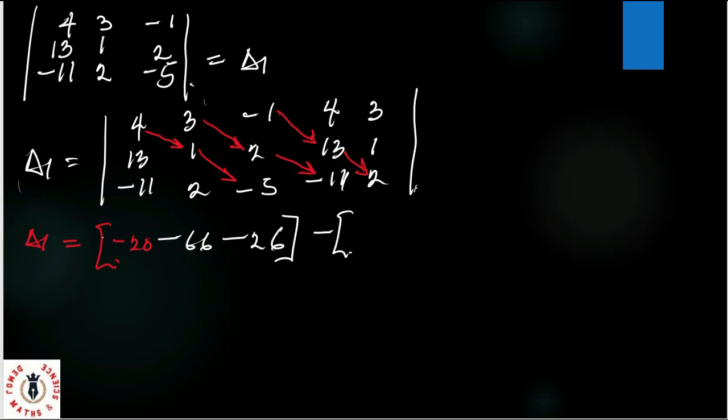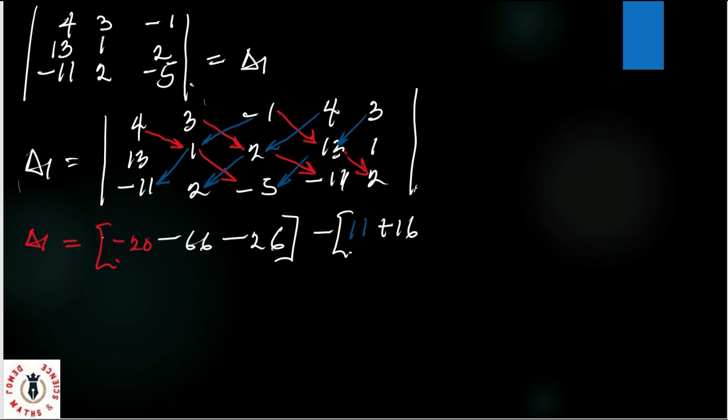Now for the other side, we have minus 1 to 1 to minus 11, 4 to 2 to 2, then 3 to 13 to minus 5. So minus 1 times 1 times minus 11 is plus 11. 4 times 2 times 2 is plus 16.